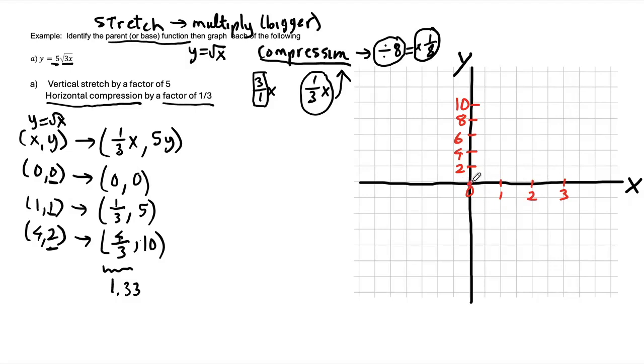First key point, 0, 0. Second key point, 1/3. So 1/3 of the way towards 1, right around here, with a 5. Then 1.33, 4/3, which is 1 and 1/3, somewhere here. And that's going to be plotted with a 10, right there. And then I can connect these.